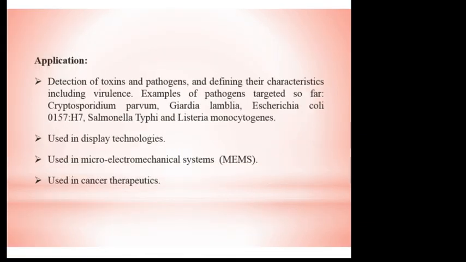So applications of nanorods are the detection of toxins or pathogens, which is a biological application, defining their characteristics including virulence. Examples of the pathogens targeted so far are cryptosporidium and giardia and so on.